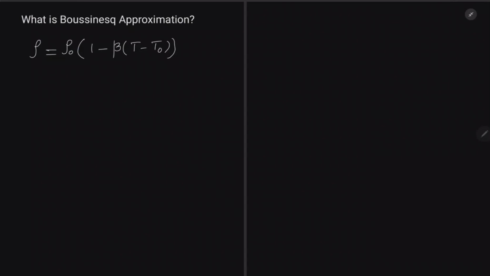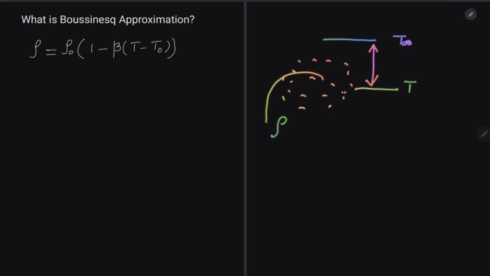First of all, we must understand what the Boussinesq approximation is. It says that if you have a fluid and there is a temperature difference, a temperature T and a temperature T infinity, and the temperature difference changes the density of the fluid, so the density over here is rho and the density over here is rho infinity, then due to that density difference you have an upward force that is called buoyancy force.